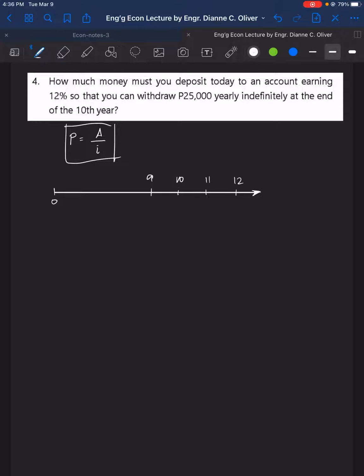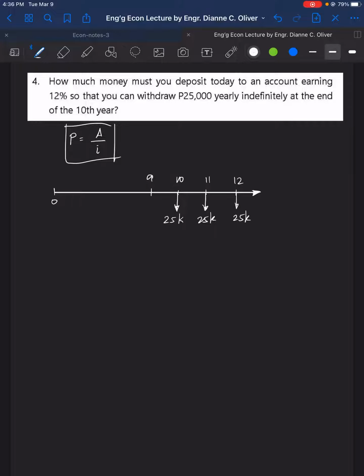Let's put an arrow here, which means we are dealing with an indefinite period. So on what period are you withdrawing? You are withdrawing at the end of the 10th year, so this one here. This is your 25K withdrawal, then at the end of the 11th year, at the end of the 12th year.